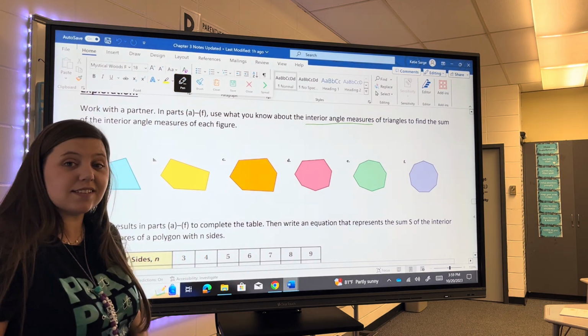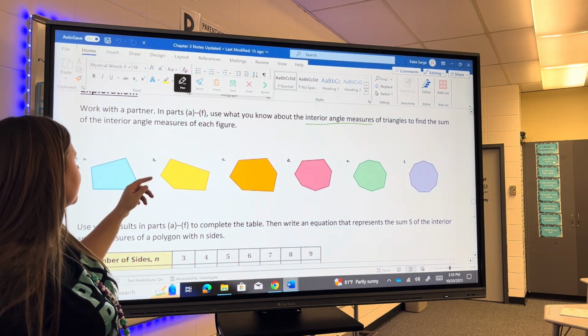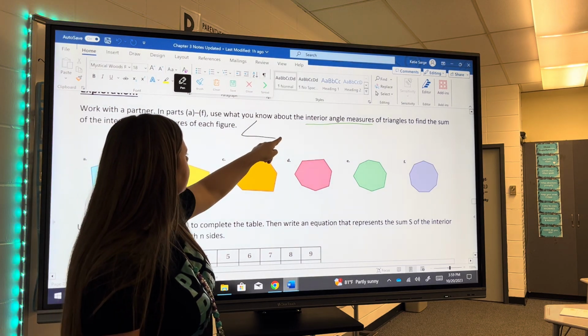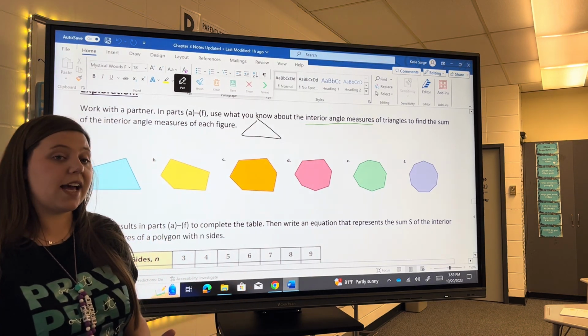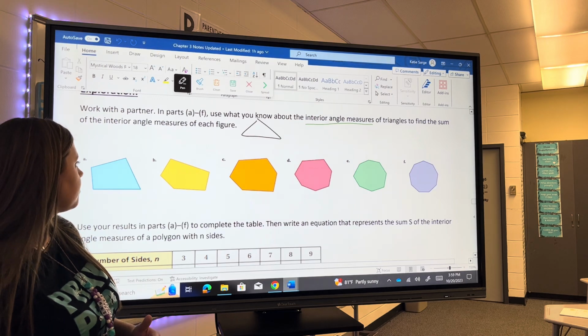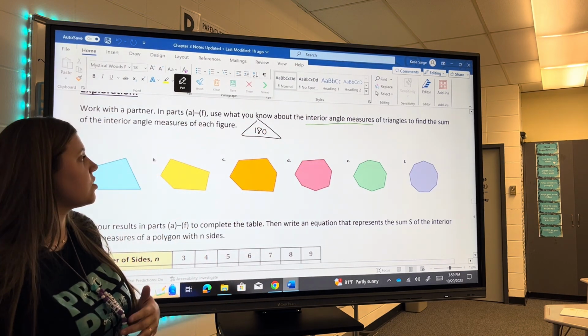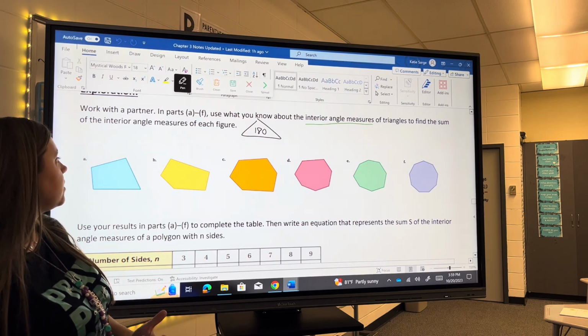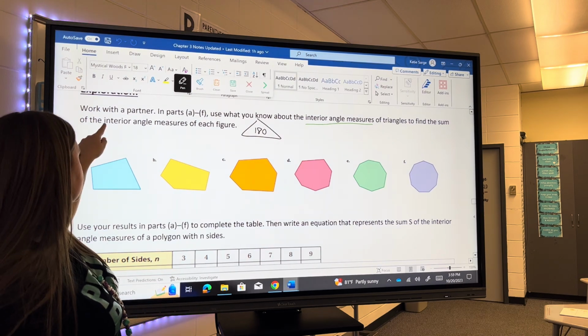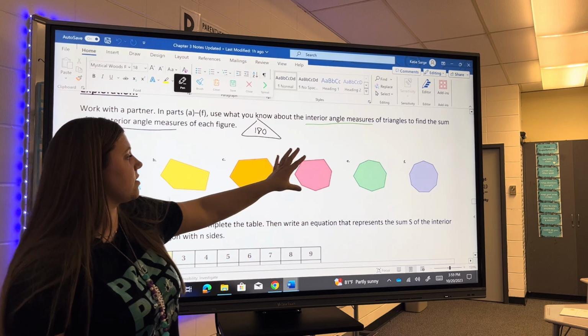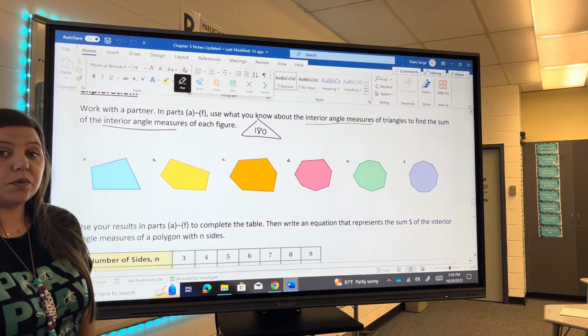Do you know what that is? Okay, a triangle, the interior angles add up to 180 degrees. So this is 180. So it says use what you know about this to find the sum of the interior angle measures of all of these. How in the world do we do that?